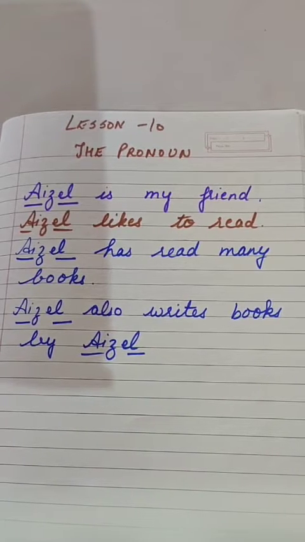I have to begin the sentence with the noun Hazel, because I wouldn't understand whom I am talking about if I used a pronoun in the first line only. So in the first sentence, I will use the noun Hazel, and in other sentences, I'll use pronouns. Now let's see which pronoun I'll use.